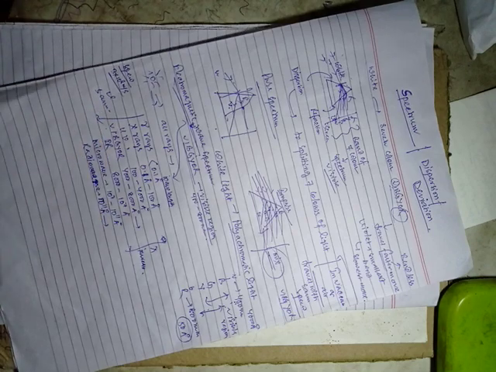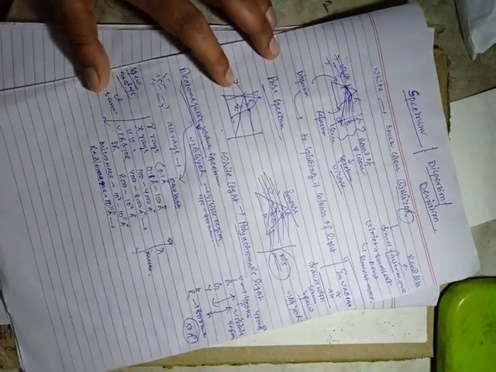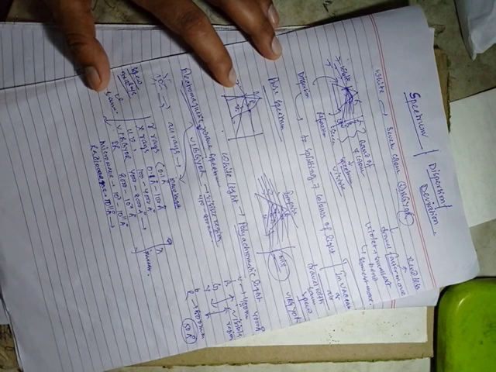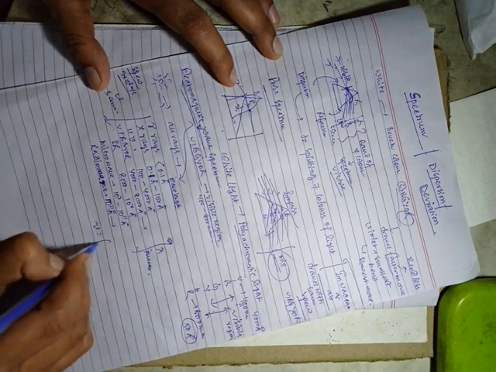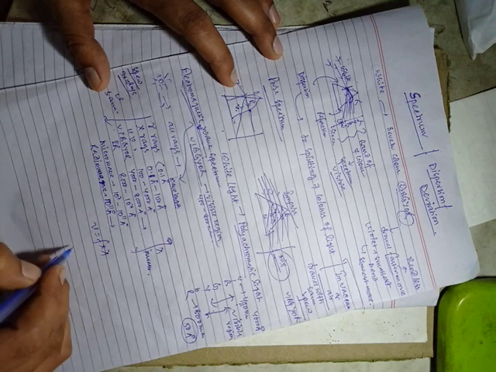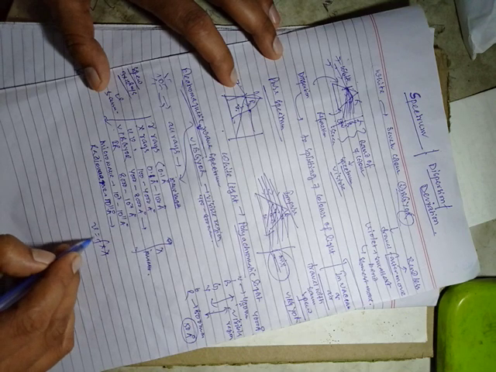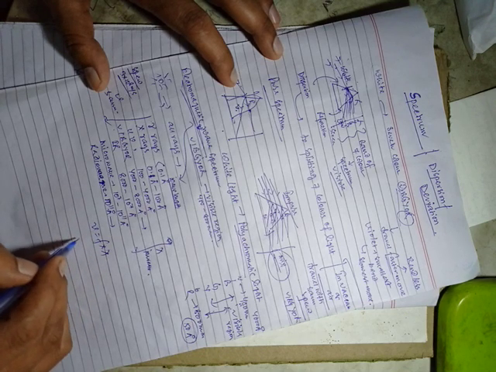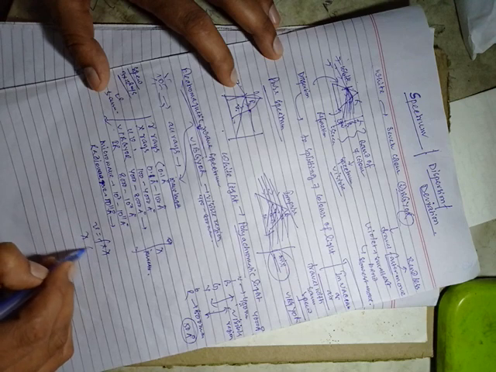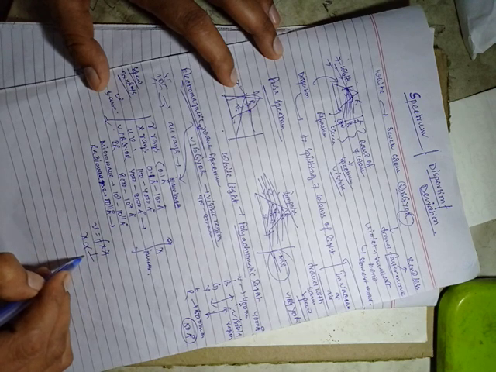There is a relation you all know: velocity is equal to frequency into wavelength. So if velocity is constant, wavelength is proportional to 1 by frequency.